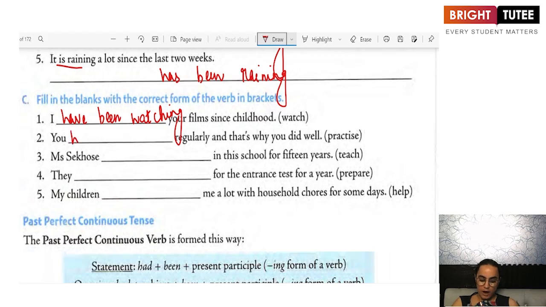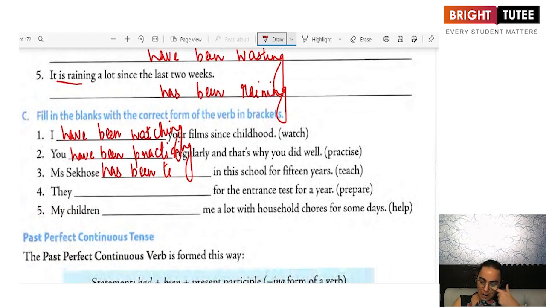Practice, so you have been practicing. Miss Sequoia dash in the school for 15 years, has been teaching. They dash for the entrance test for a year, have been preparing.